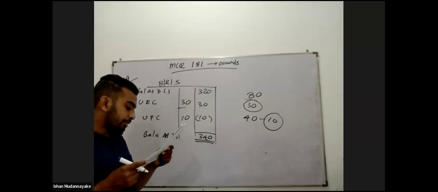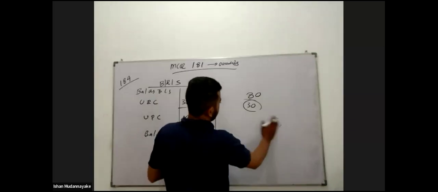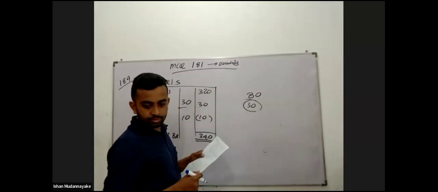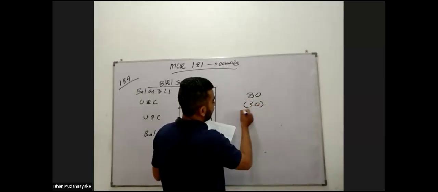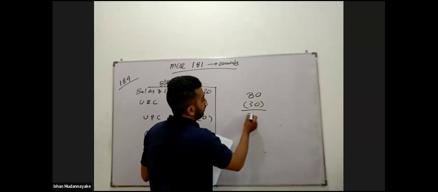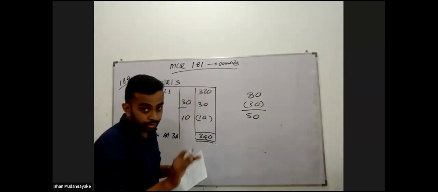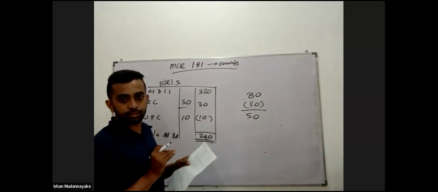Second one, the value of the checks realized during the month. They have deposited 80,000 in checks. Out of the 80,000 checks, 30,000 were not realized. Then deposited during the month and realized during the month itself is 50,000.